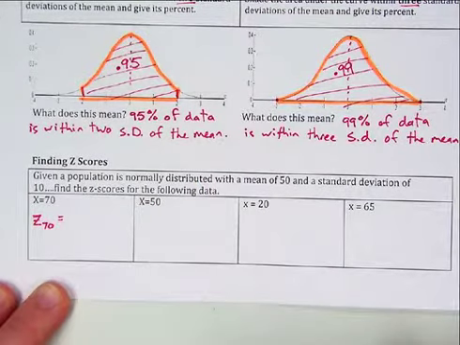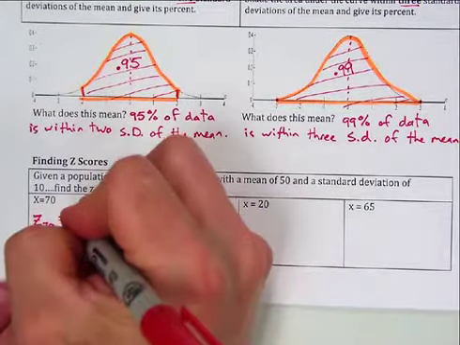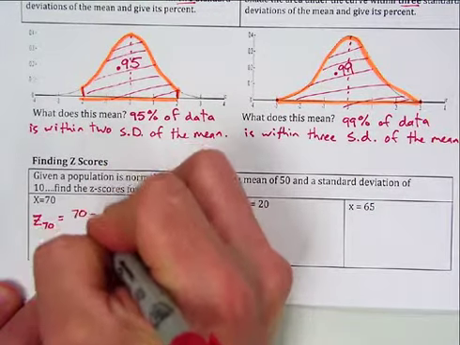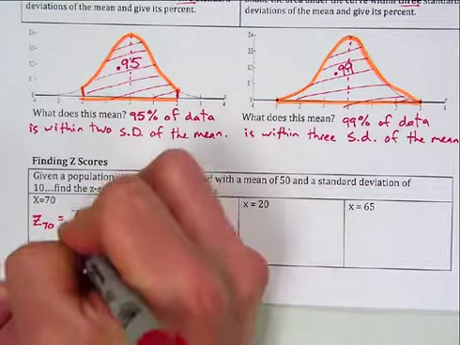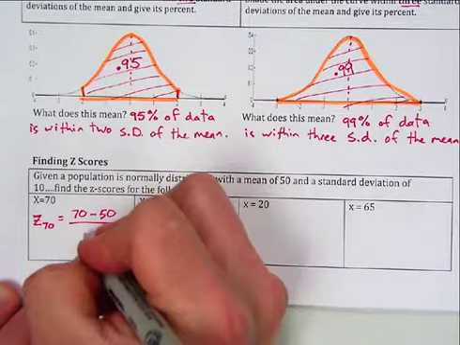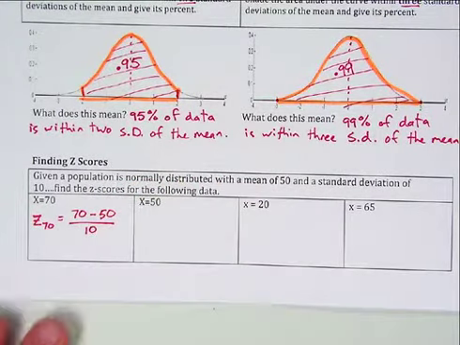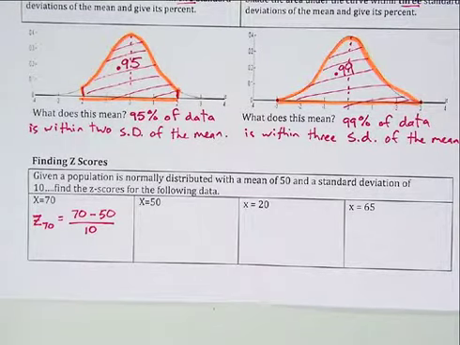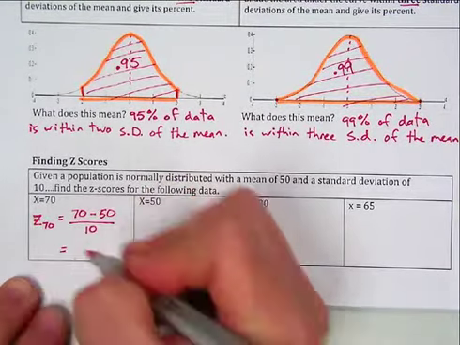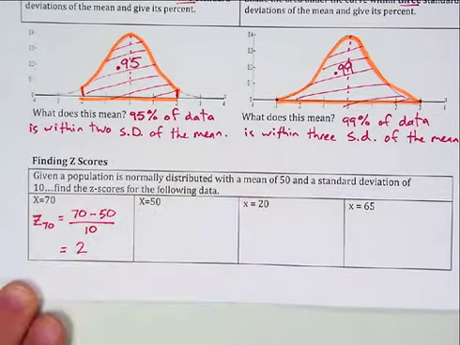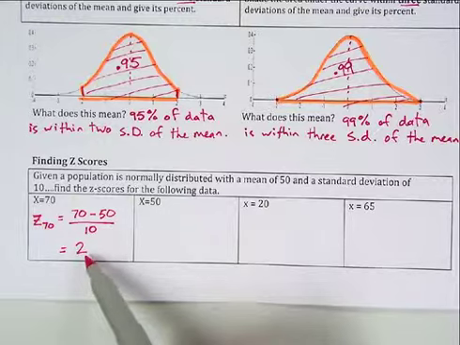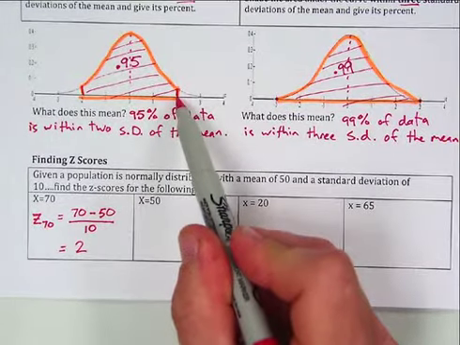Now what this is, it's the piece of data minus the mean divided by the standard deviation. So here we get 20 over 10. So this is 2. So 70 has a z-score of 2. And it would fall right here on the normal distribution.